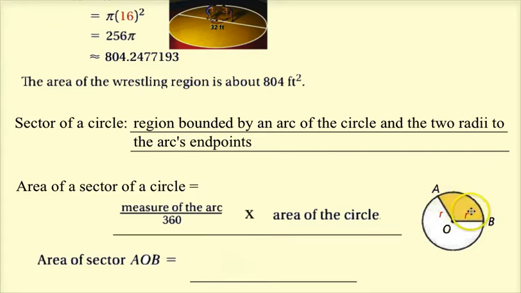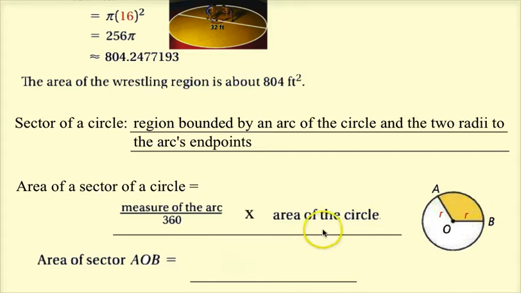What portion of the circle is it? Well, the measure of the arc over 360 is the fractional part of the circle that shaded region is, and I just multiply it by the whole area of the circle. So you're finding the area of the circle and multiplying it by whatever fractional part that sector is. I find that by the measure of the arc over 360, that's the fractional part.